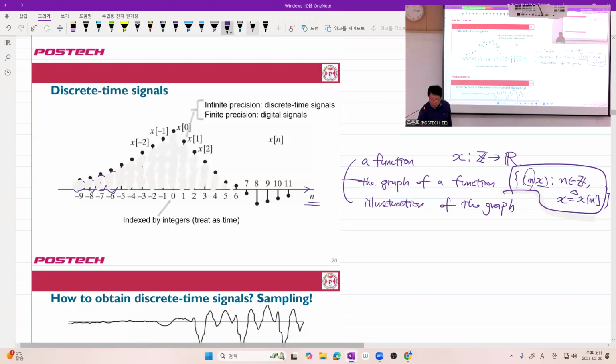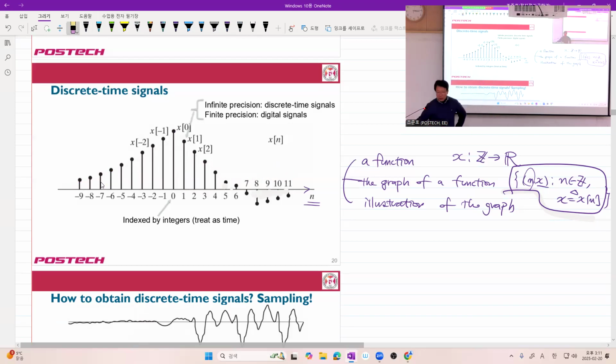The problem is what? Sometimes when you visualize, this space is so small and it's hard to know which one. That's why we just put the lines. Okay.